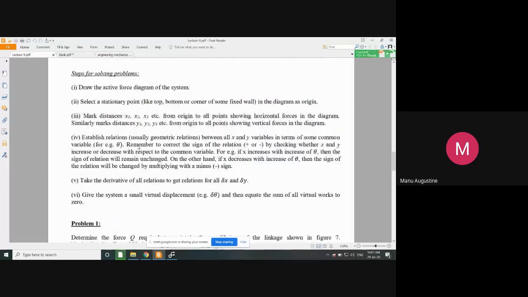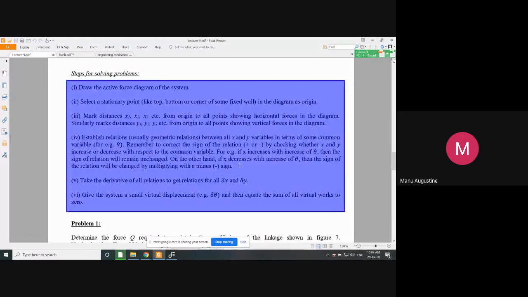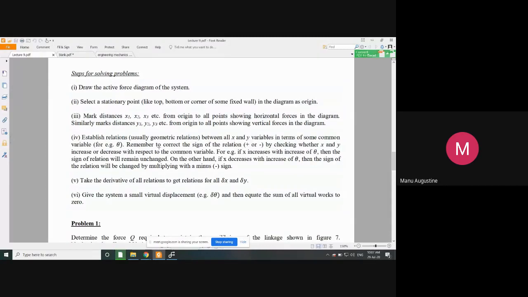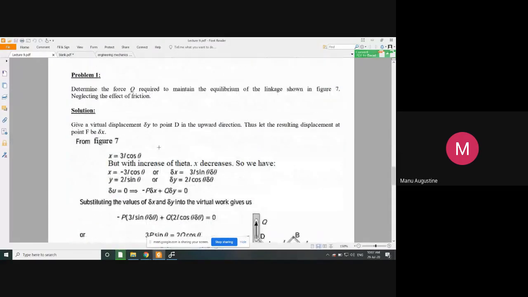I have drawn out a roadmap for you to remember the steps of solving any problem using virtual work. If you practice the concept of virtual work using these steps, you will find that any problem can be easily solved by you. We will be practicing these steps individually on one or two problems. Now look at this problem.